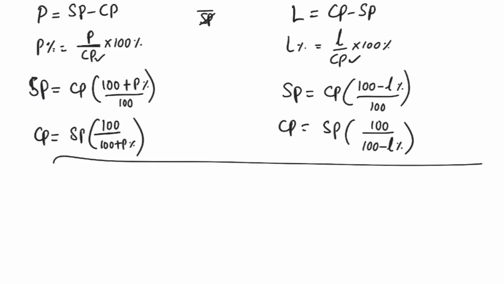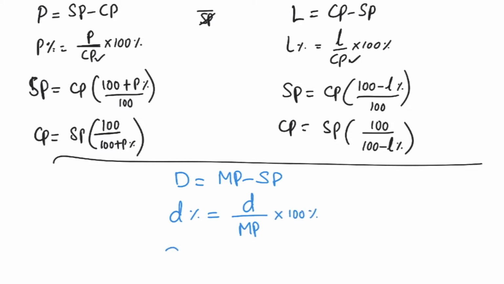And coming to discount concept, discount is market price minus selling price. Discount percent is equal to discount in rupees divided by market price into 100%. And how will you find selling price if market price is given?